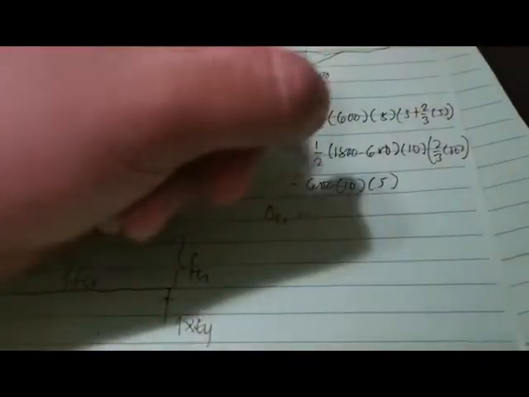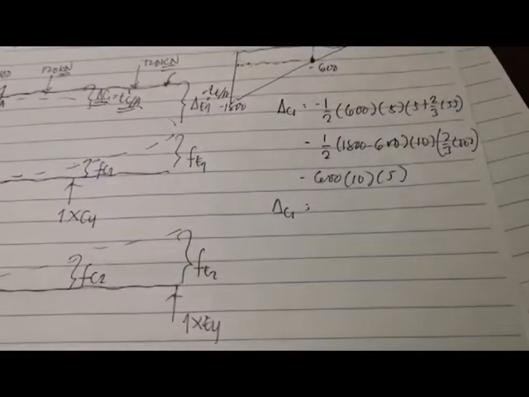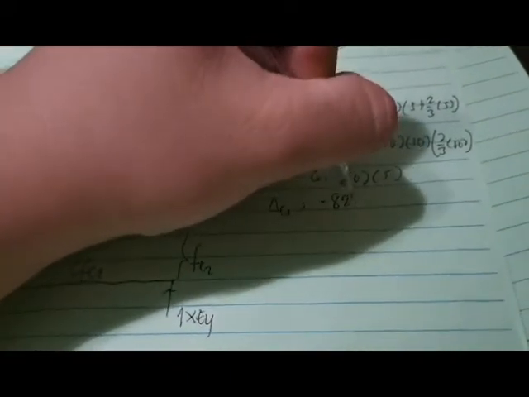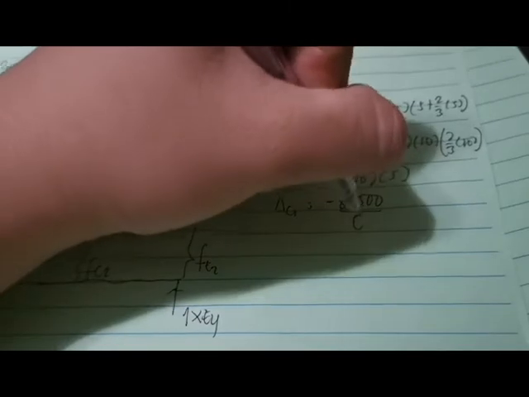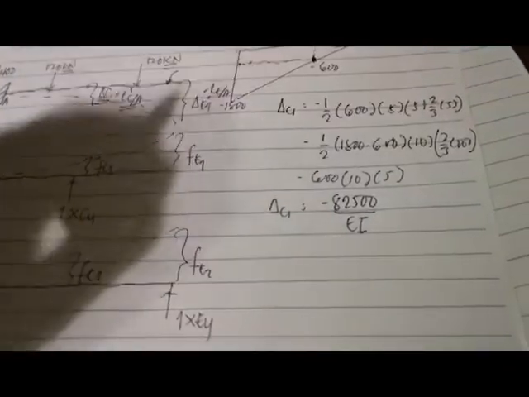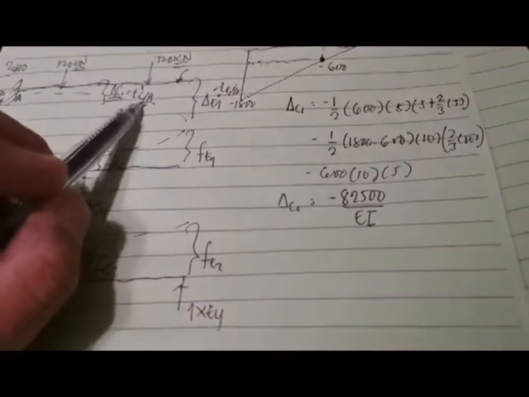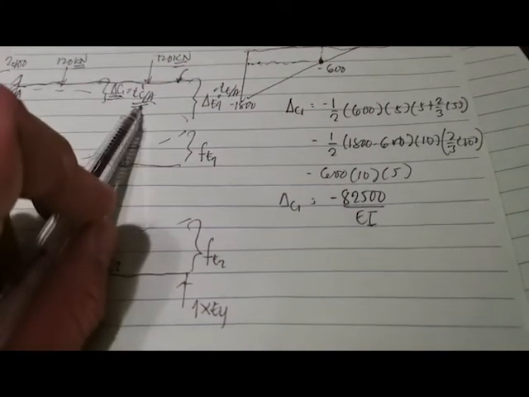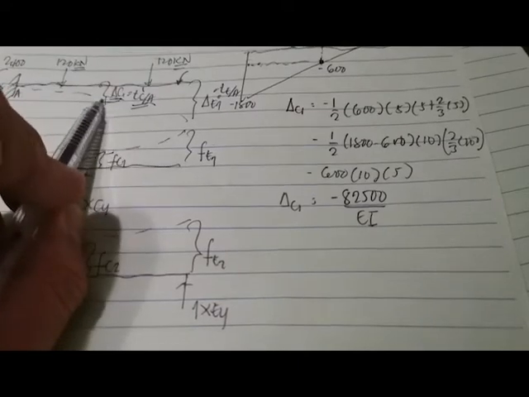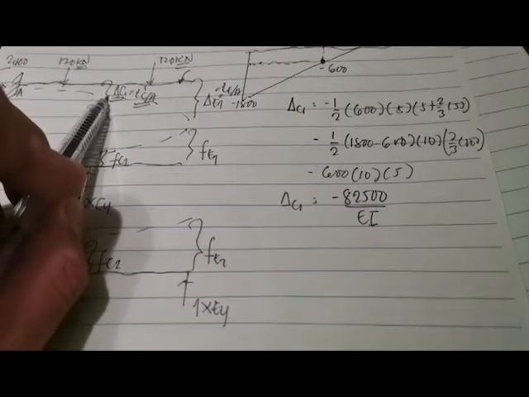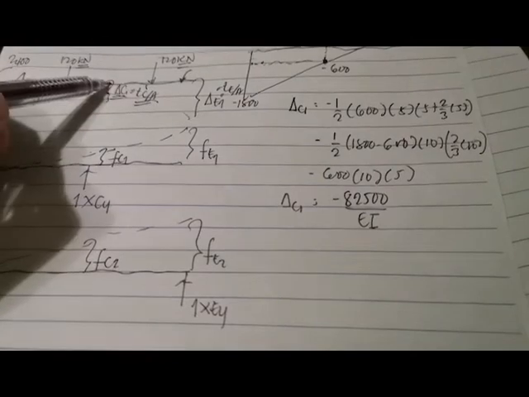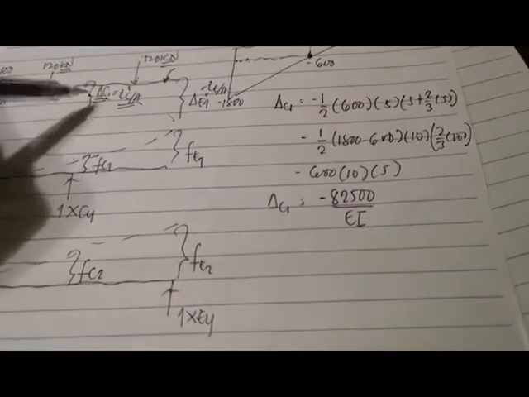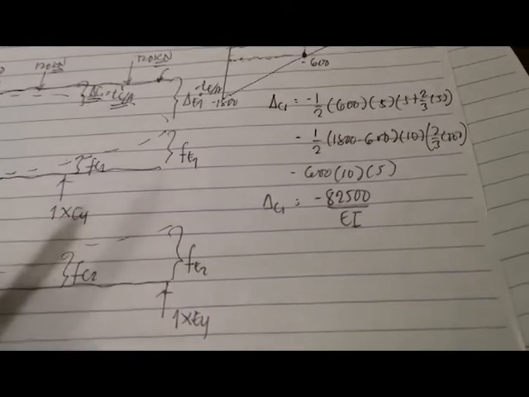This delta C1 is now equal to, from the calculator, negative 82,000 over EI. This is expected to be negative because our tangential deviation is located below the tangent, so the tangent is above the elastic curve.